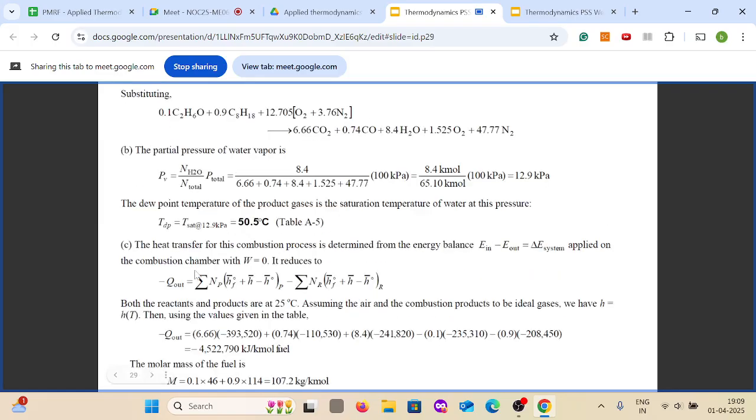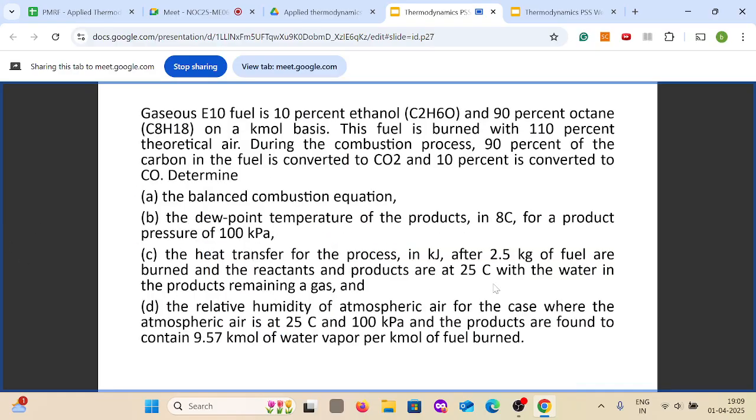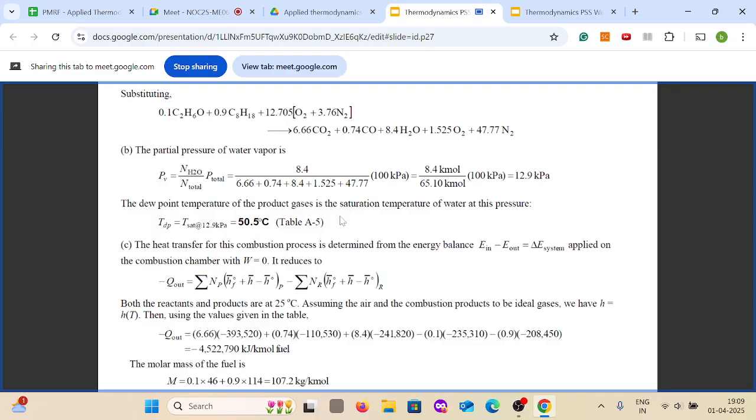Next we need to find the heat transfer or the heating value. Here the water in the product remains as gas, so we have to find the LHV. Q is your enthalpy of product minus enthalpy of reactant. Since both reactant and product are leaving at 25 degrees Celsius, substituting the values similar to what we did in the previous problem, we get Q as 4522,790 kilojoule per kilomole of fuel.